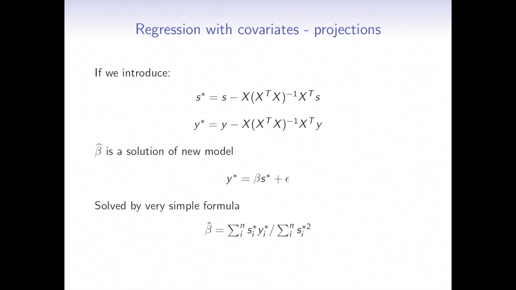We just leave the parts of the variables that are orthogonal to the space spanned by the columns of the X matrix, and then we can show mathematically that the beta that we are interested in is a solution of the new model. It's the regression through the origin, and now the solution for the beta is even simpler because no centering is involved.